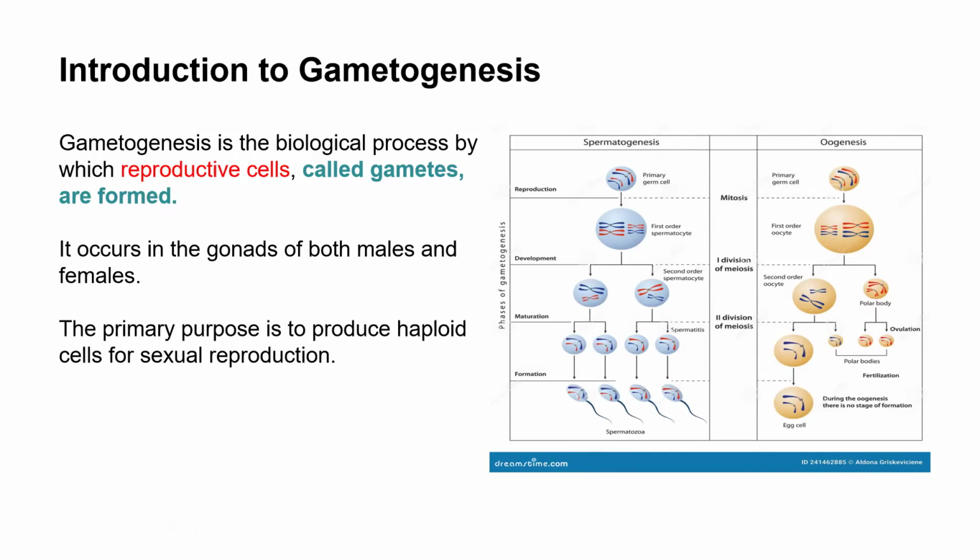Sorry, these are the four phases of gametogenesis. So you shouldn't forget about these four stages or four phases: reproduction, development, maturation, and then formation.